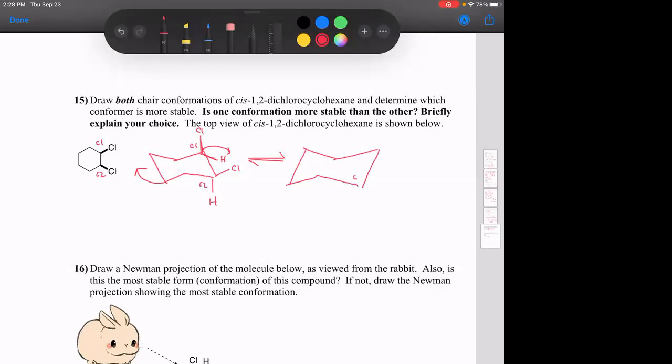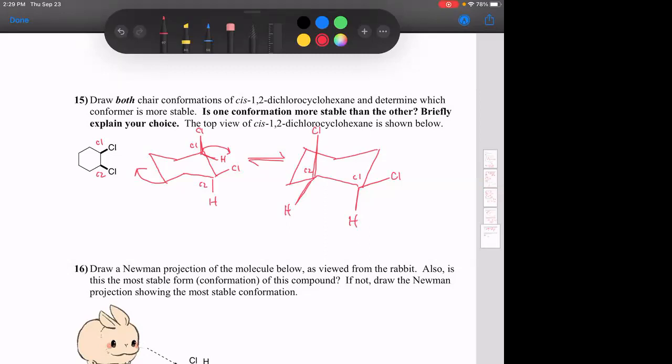So carbon 1 is now here and carbon 2 is now here. So where's my axial on carbon 1? It's down like that. So my equatorial is up there. My carbon 2, the axial is up. And it's there. So let's see. C1, chlorine has to be up, so it's going to be here. And H is down here. And then on C2, chlorine's got to be up and H here.